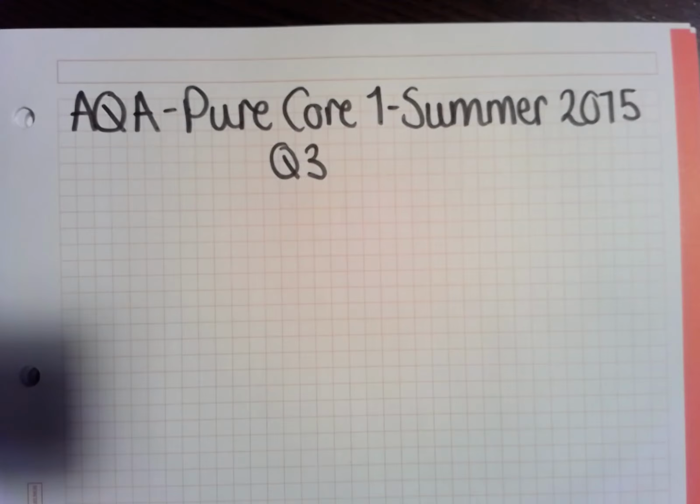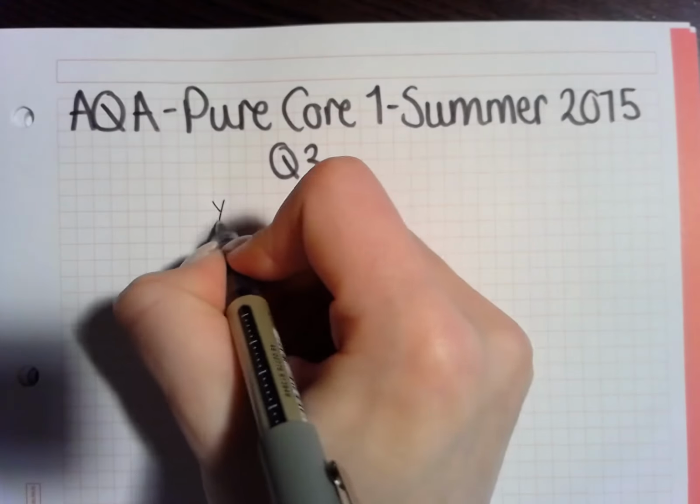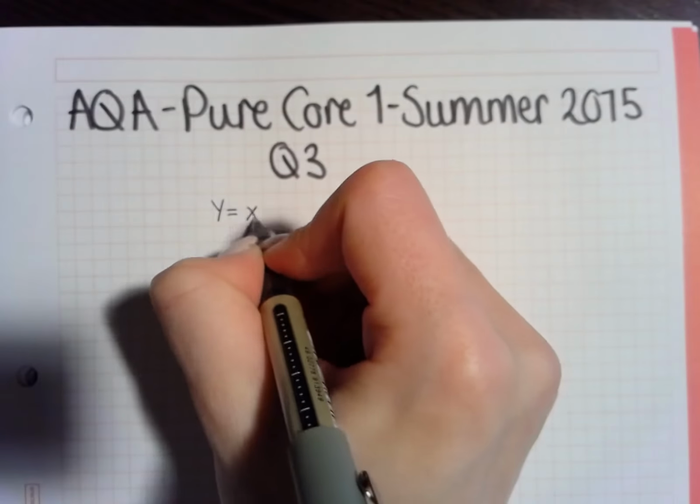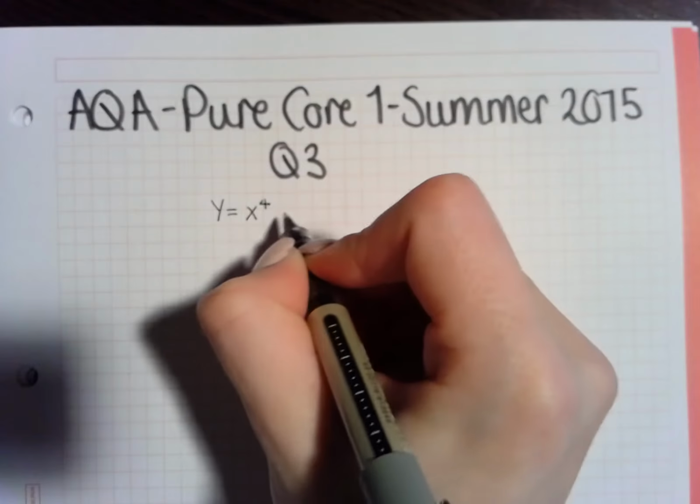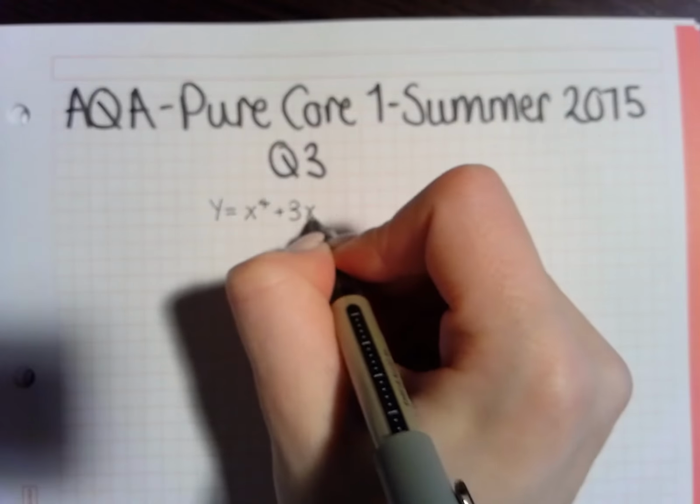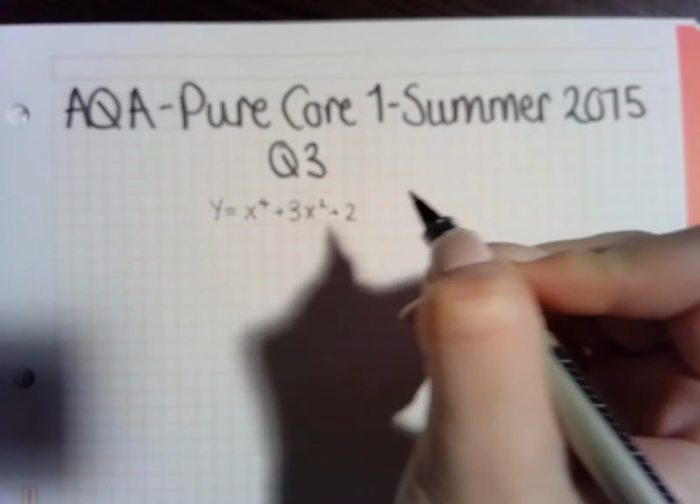Hello, so this is AQA Pure Core 1 Summer 2015 question 3. This question gives you a curve and a shaded region, and it says the curve has the equation y equals x to the power of 4 plus 3x squared plus 2.